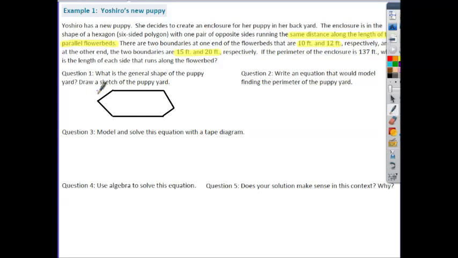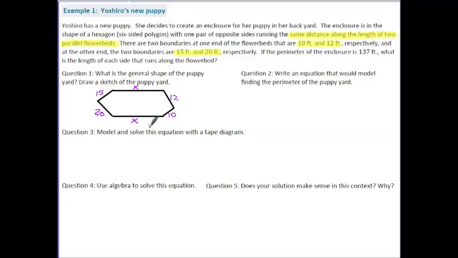So we have 15, maybe this is 20, that would make this 10, and this one 12. And then what we do know about the 2 parallel lines is that they are the same length, so we could call this our unknown x, and this is also our unknown x. So having this picture will really help me to understand the scenario.